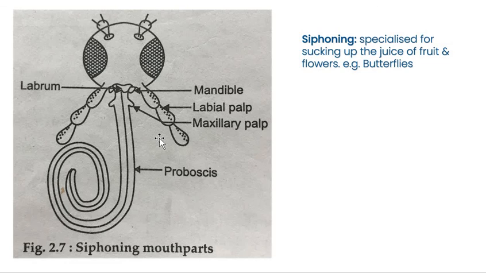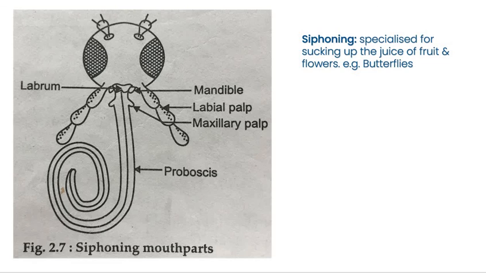Now the essential working part is formed by the greatly elongated galeae of the maxillae, each in the form of a half tube. Galeae from both sides, paired galeae, make the half tube.